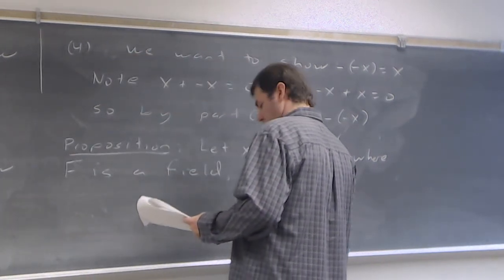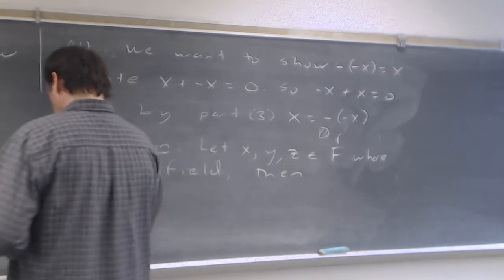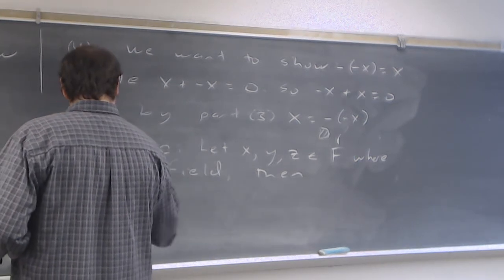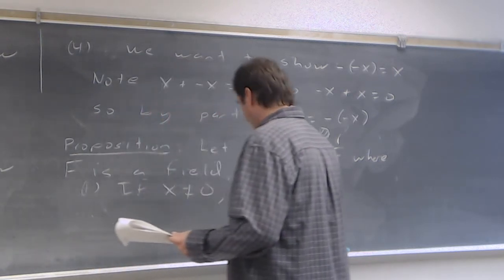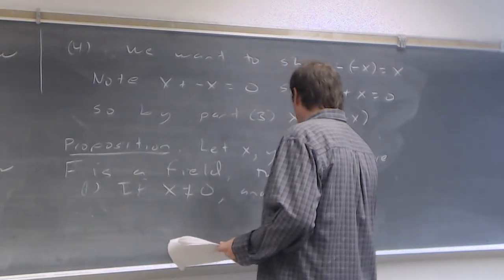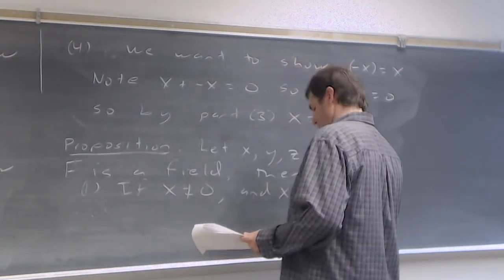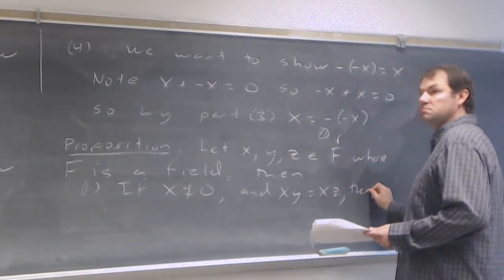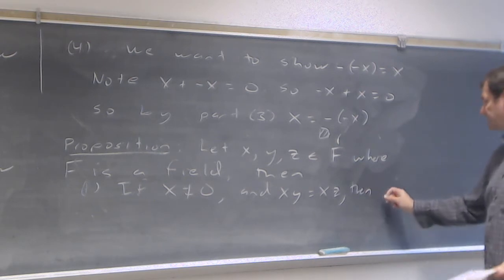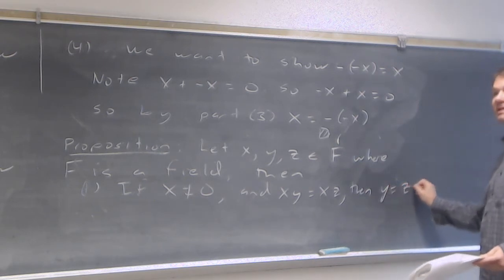Then 1, if x is different from 0, not equal to 0, and x times y equals x times z, then what we have is that y has to equal z.